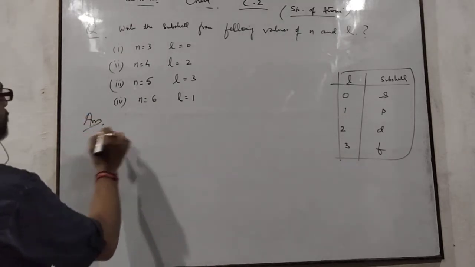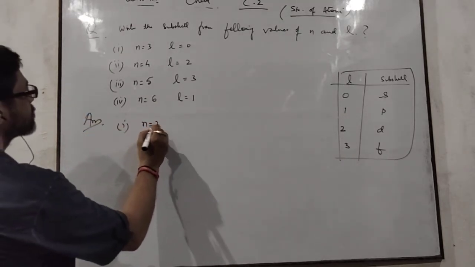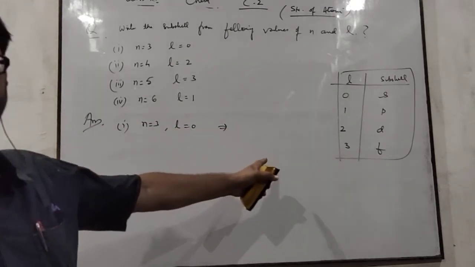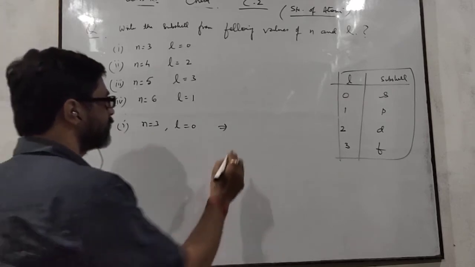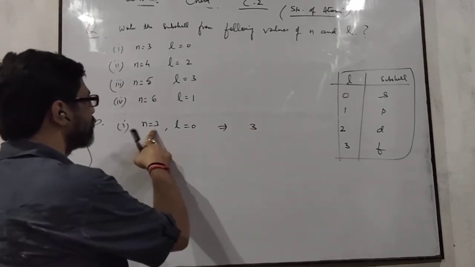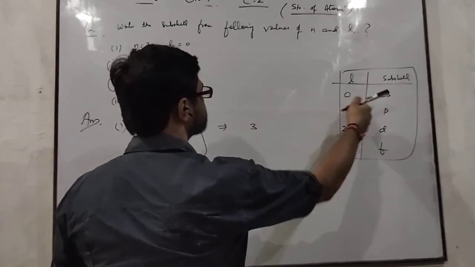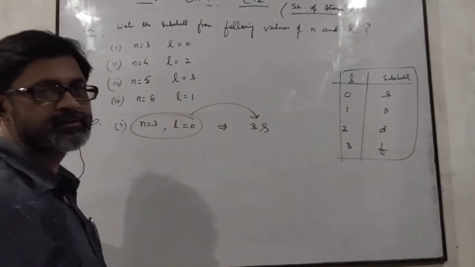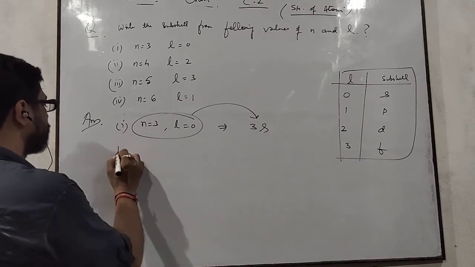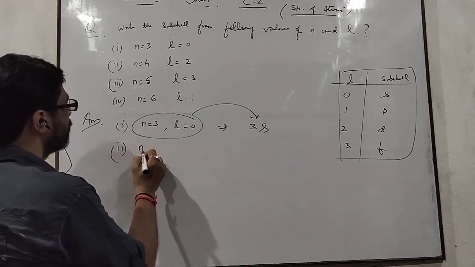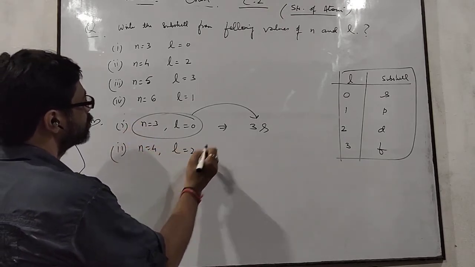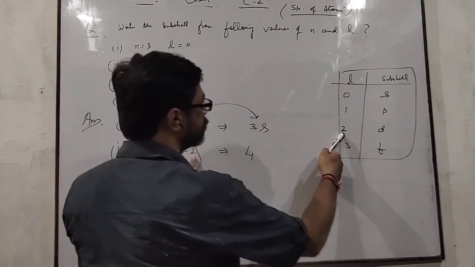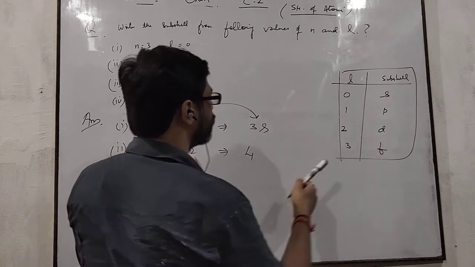Try to solve this. First one, n equals 3, l equals 0. Which subshell is represented by these numbers? 3 is the third shell, and l equals 0 represents s subshell. Means these values represent 3s. Okay. Second one, n equals 4, l equals 2. Fourth shell, and l equals 2 is for d subshell.